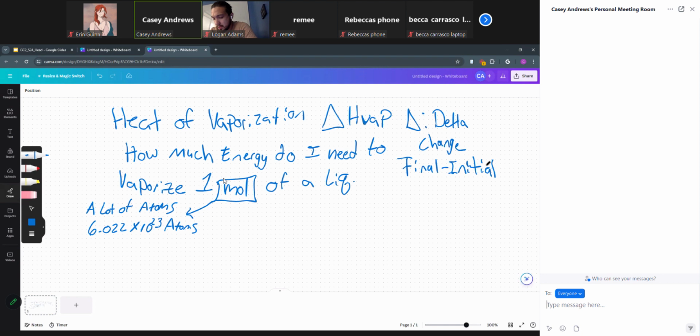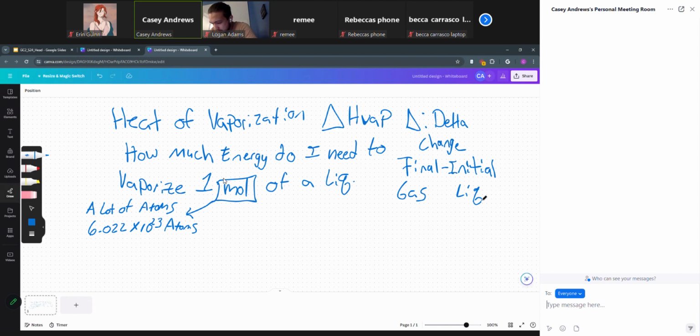So for us, the final state is gas. If we're vaporizing something, the initial state would be liquid. Honestly, that doesn't really apply to us, because we're not going that in depth into the theory, but we will this semester look at delta and use final minus initial.